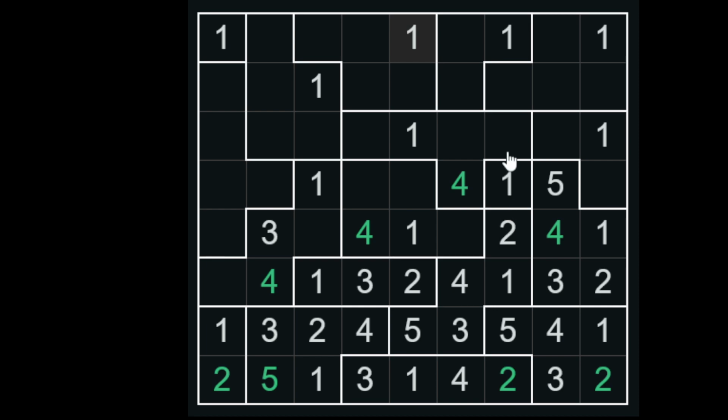Not easily be solved yet. This is a 2 or 3, so this is also a 2 or 3. But I don't think that actually does anything right now. This cannot be a 3, so there's a 3 in either of these, so in neither of these.